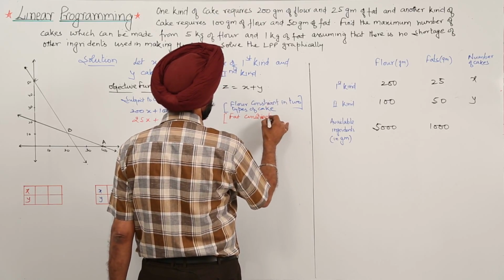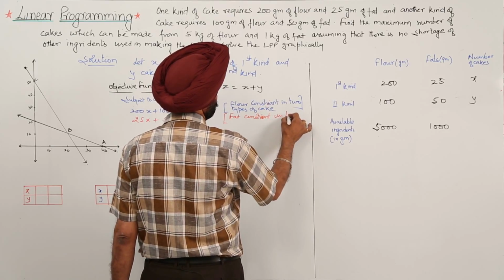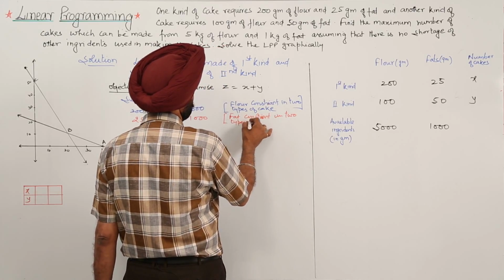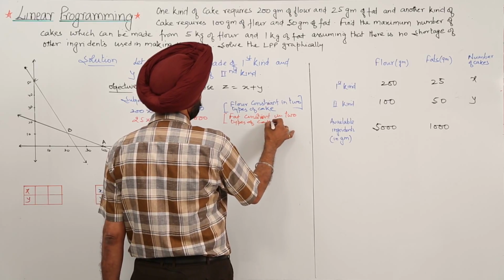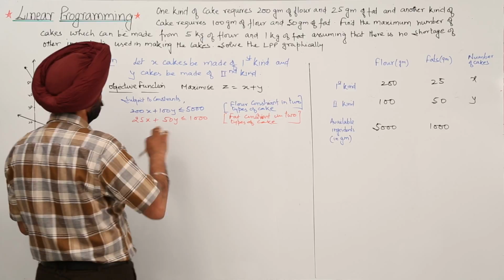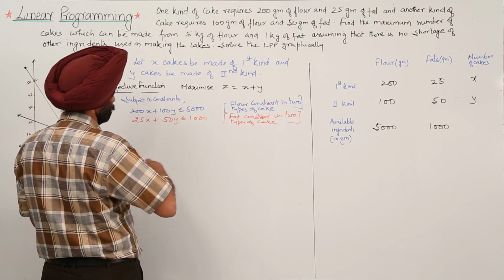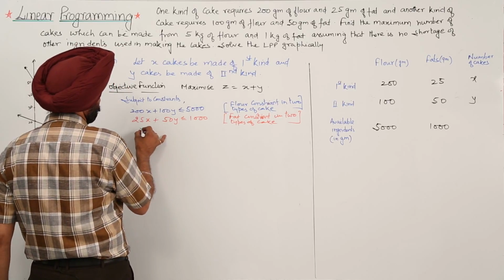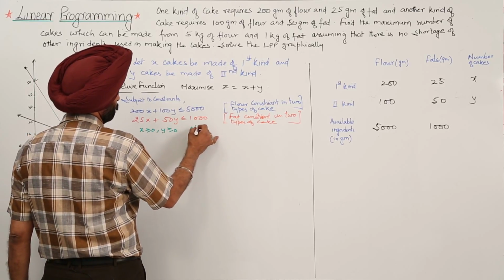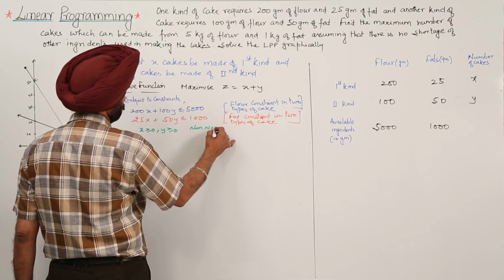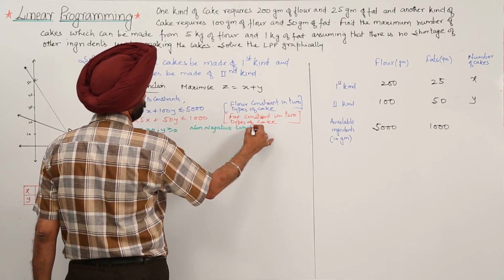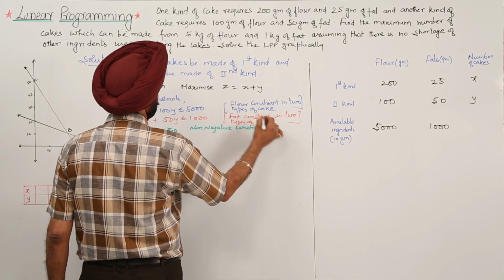This is the fat constraint in two types of cake, and we have non-negative constraints.